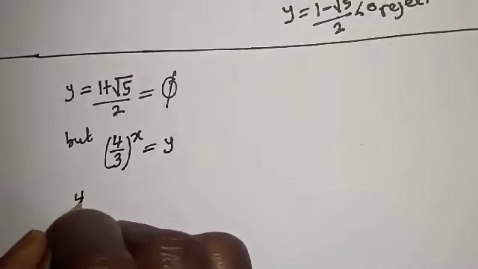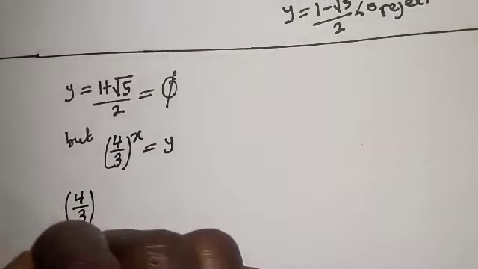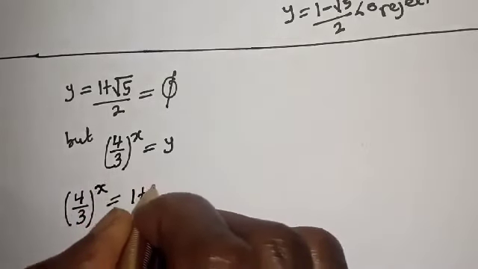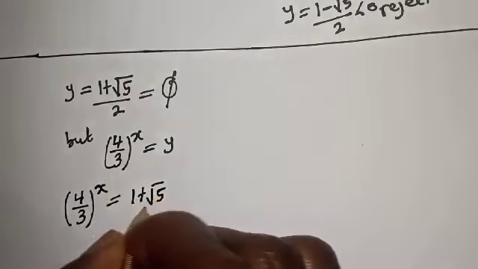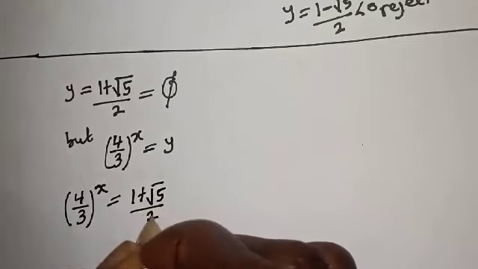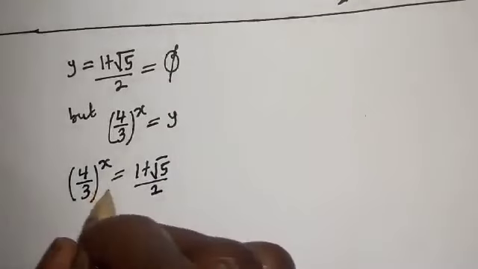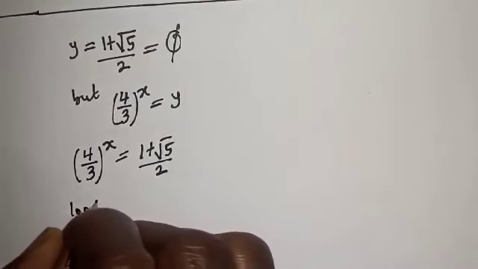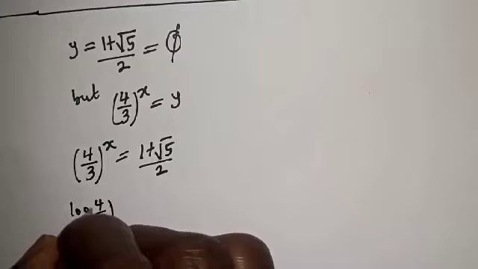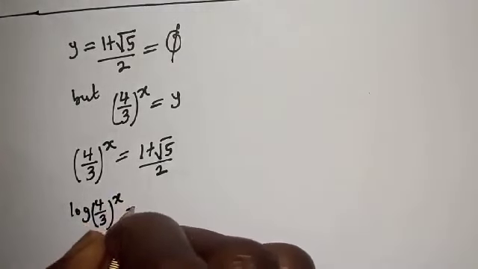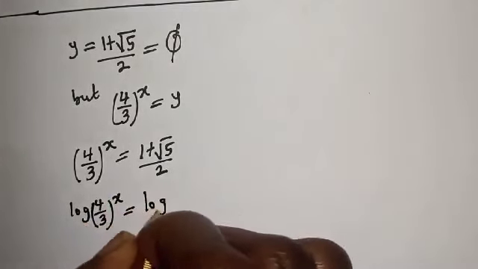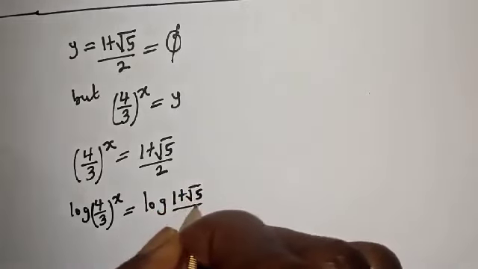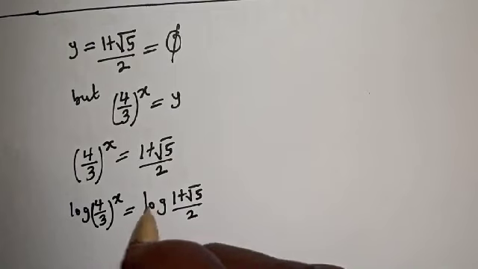Then 4 over 3 raised to power x is equal to 1 plus square root of 5 over 2. Then let's take the log of both sides. Log 4 over 3 raised to power x is equal to log 1 plus root 5 over 2.